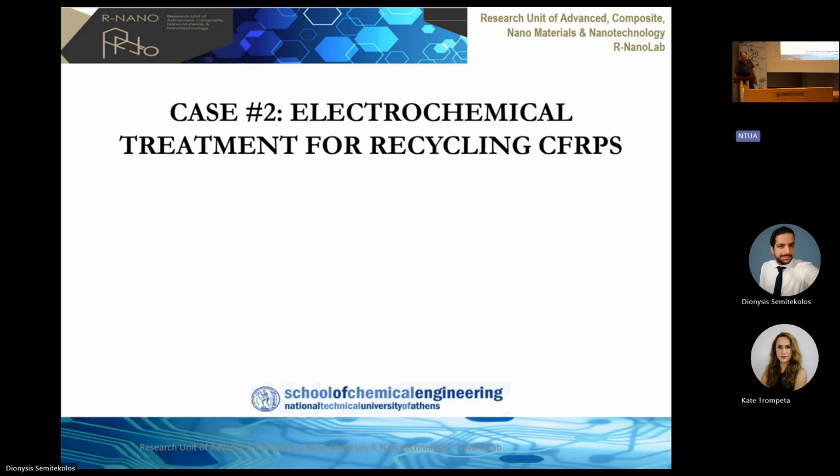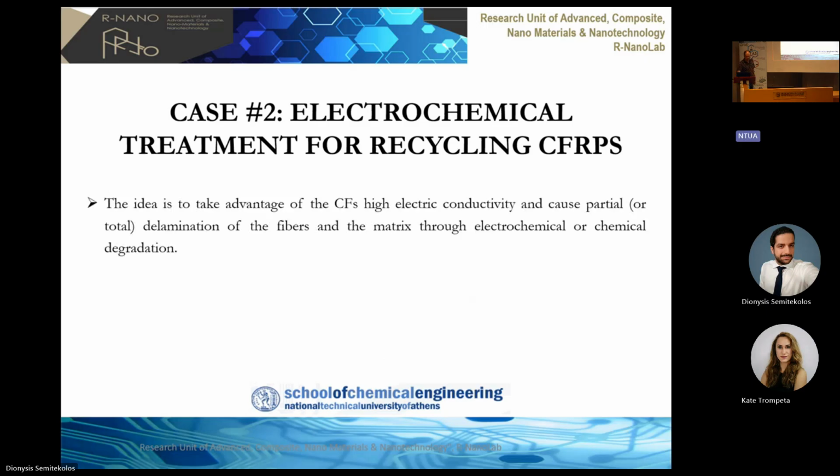So this is the second case, the electrochemical treatment for recycling carbon fibers. Here, the idea is to take advantage of the high electric conductivity of carbon fibers for partial or total delamination of the fibers and the matrix through electrochemical degradation.